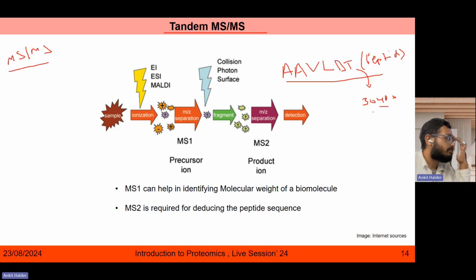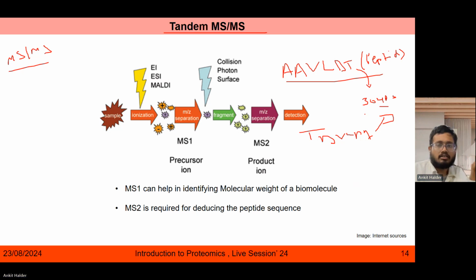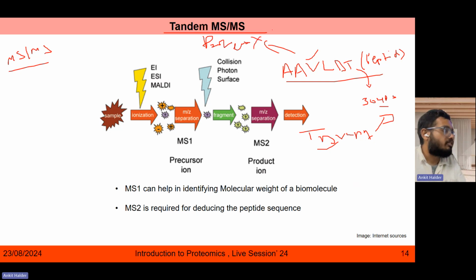Similarly, you can get another peptide, something like TBLDA, which contains the same amino acids and the same molecular weight. So this peptide also has the same molecular weight, but it belongs to, for example, protein X, and this particular sequence has a different structure and a different function.